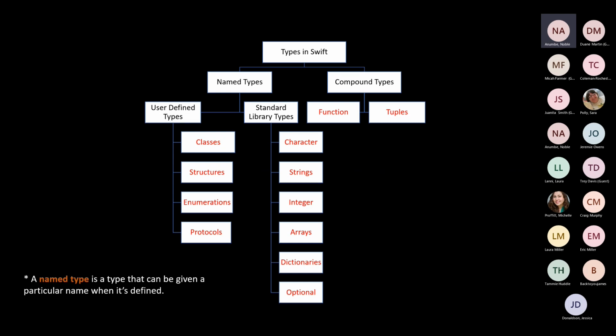A lot of these we've already talked about within the class in one or two of the previous units, right? We talked about things like strings, integers, arrays, dictionaries, and character. I think what we haven't talked about is optionals, which I think is not explicitly discussed in the book, but at some point I'm going to mention it and probably walk us through what optionals are.